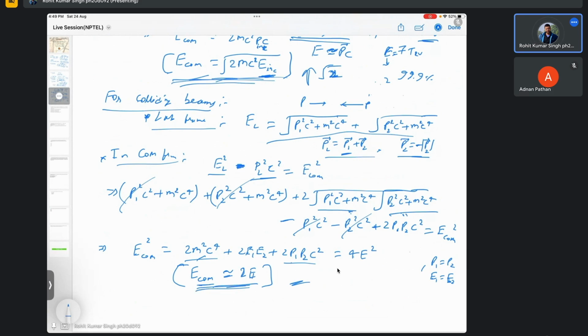So this is correct. You can Google it. This is what you will get for the center of mass energy for fixed target and colliding beam. So I believe our derivation is correct.